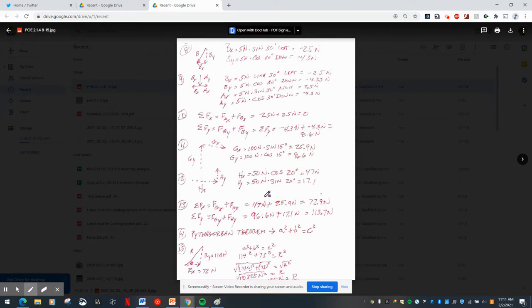Anyway, here we have 13, where we combine these again and we get the sum of the forces in the x direction, where we get 47 newtons, which we found here, which is HX, plus 25.9 newtons, which we got here, which is GX, and that gives us the sum of the forces in the x direction is equal to 72.9 newtons.